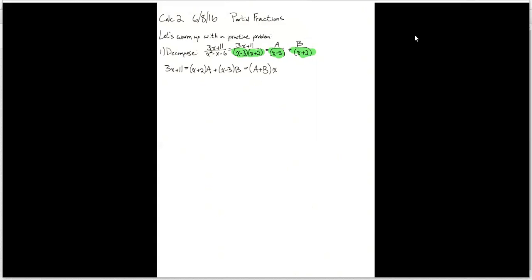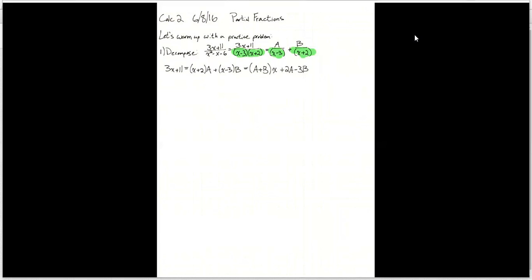Because we'll have our A times this x on the first term, and then the second term we'll have B times that x. So we'll have this A plus B times x. Then the next term here is the constant terms that are left over, which in this case will be 2A minus 3B.